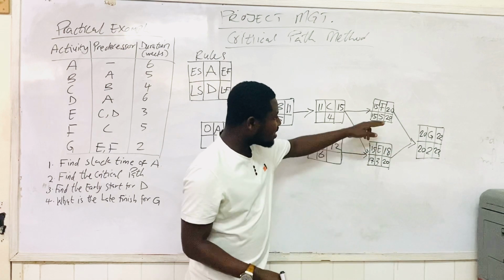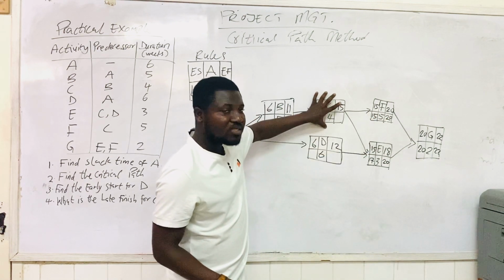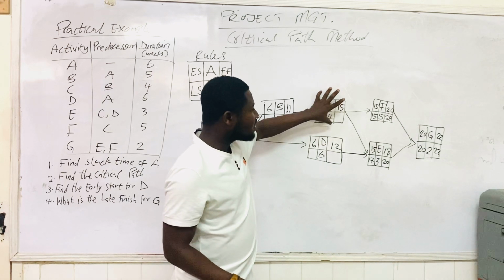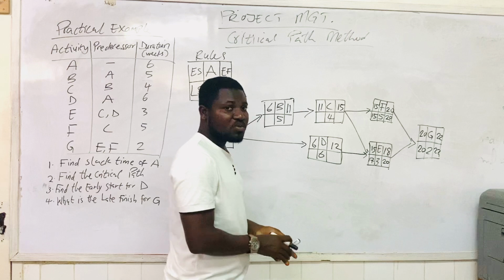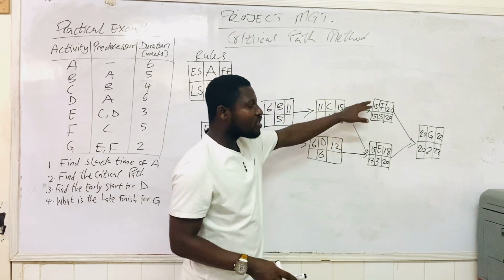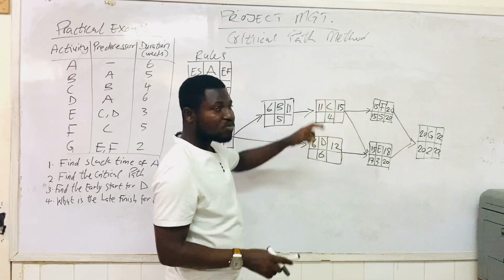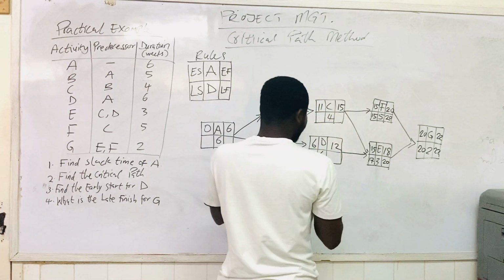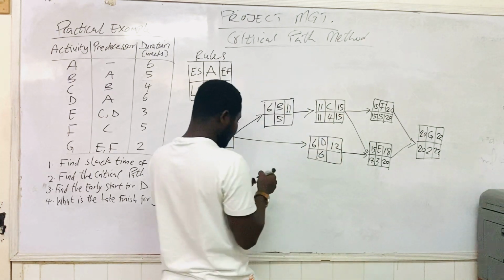And that is because both F and E are connected to C. C is the predecessor of both E and F. And so since two activities are connecting to one, we take the smallest value of the predecessors to the late finish time, and so we have 15 here. 15 minus 4 is 11.